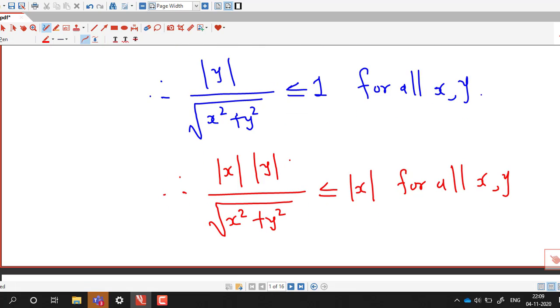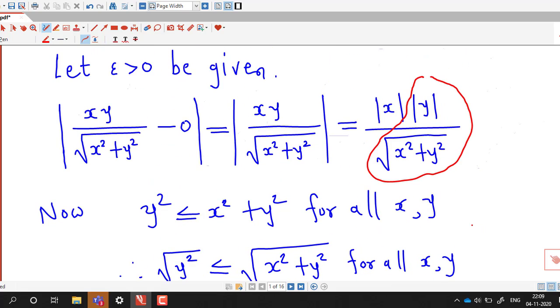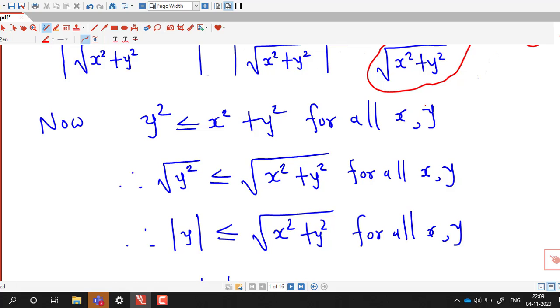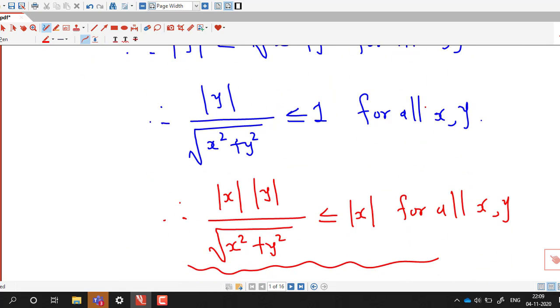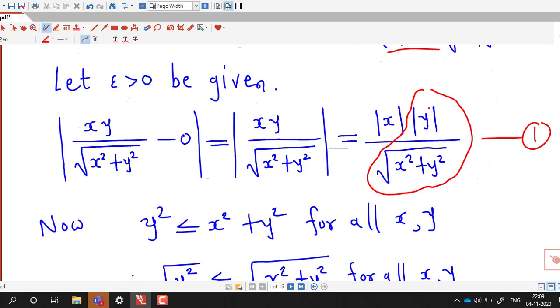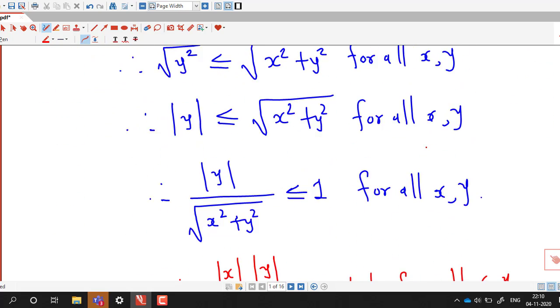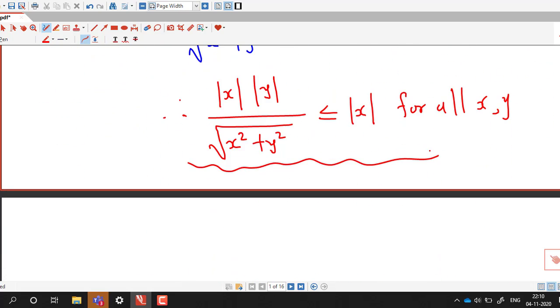So we can use this in this inequality. We can give this number 1. So we obtain that mod x into mod y over square root of x square plus y square is less than or equal to mod x.